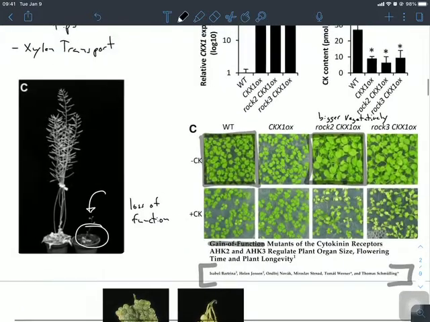Which again, if you are aiming for a plant that's going to be bigger vegetatively, something that you eat the leaves of, like one of my personal favorites, spinach or kale, you may look into how different cytokinin mutants may help improve your yield. This again is done under the same exact conditions.